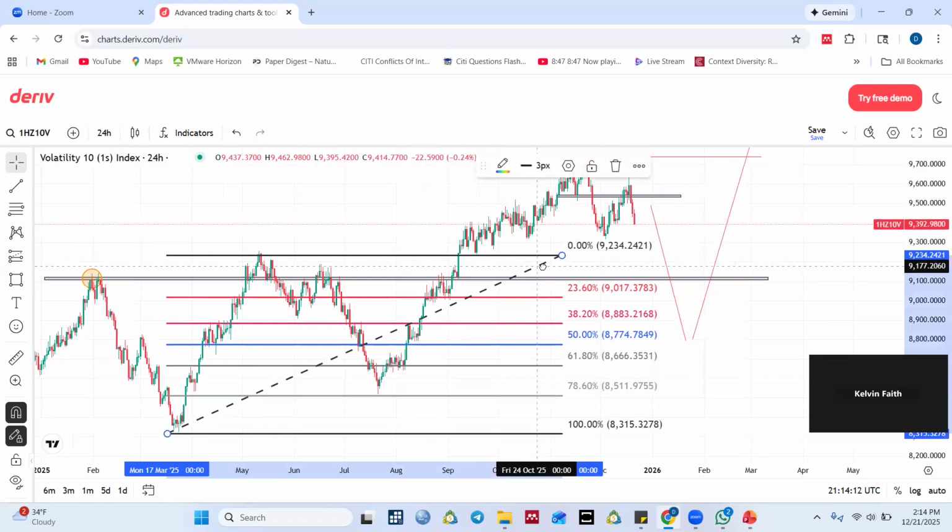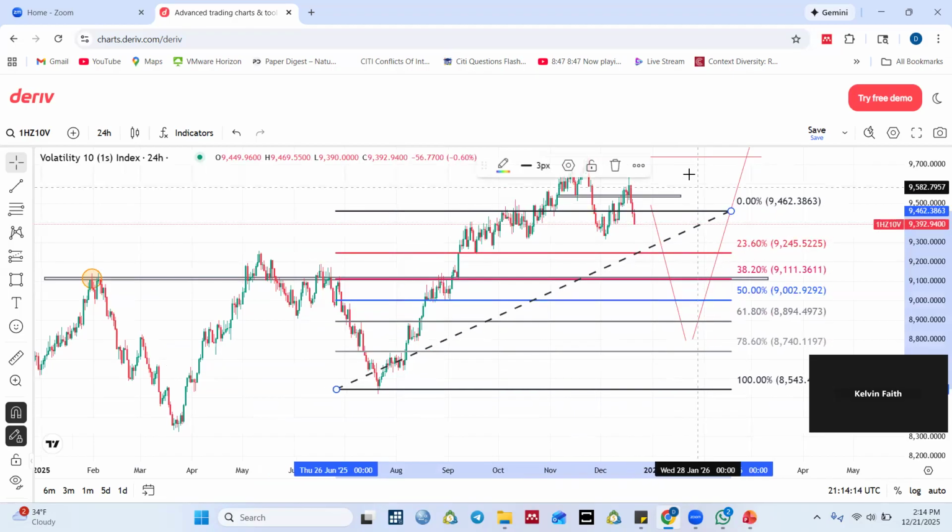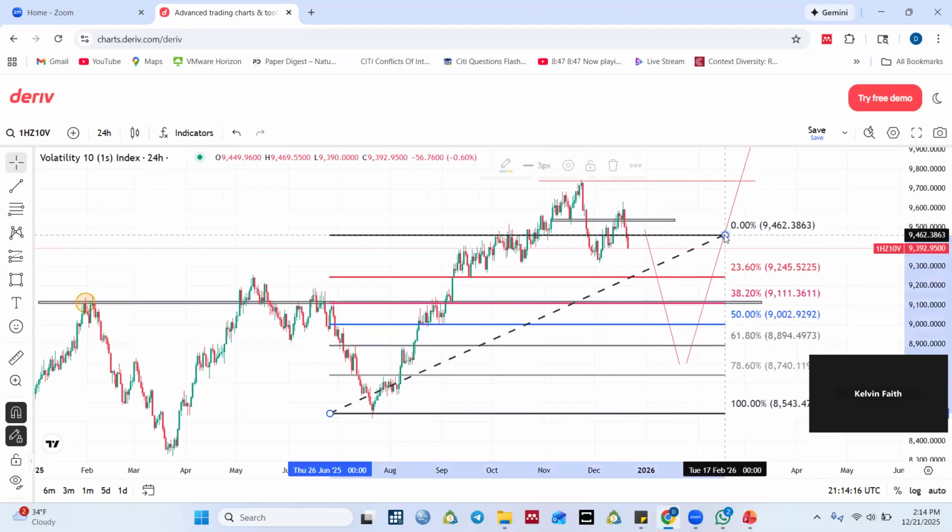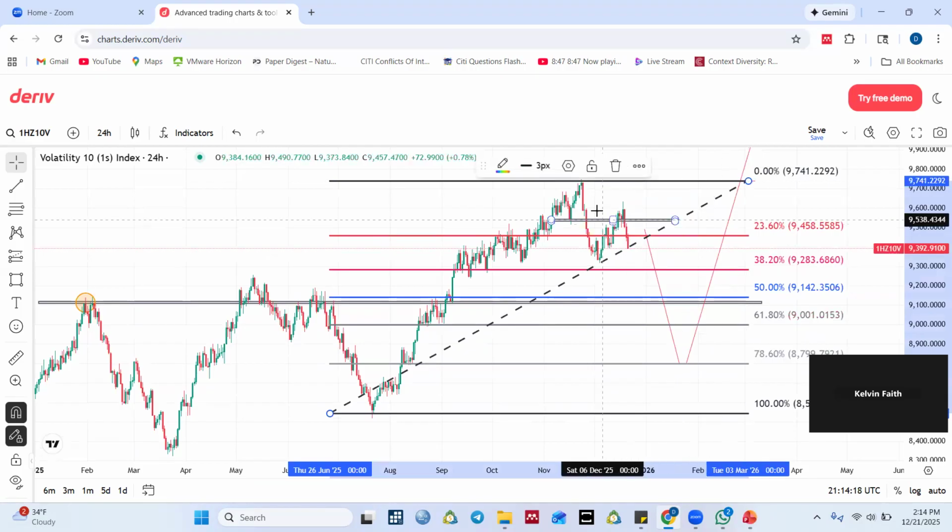Okay, so from this here to the top here, all we can expect is price should now come back and make a new either 50%, 61.8 or 78.6% pullback.